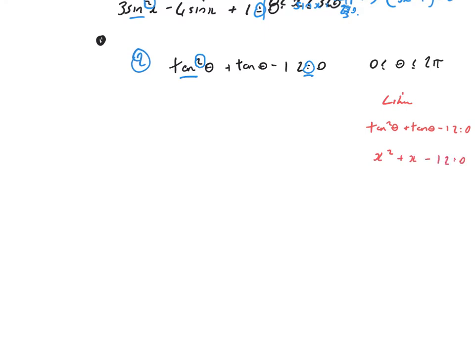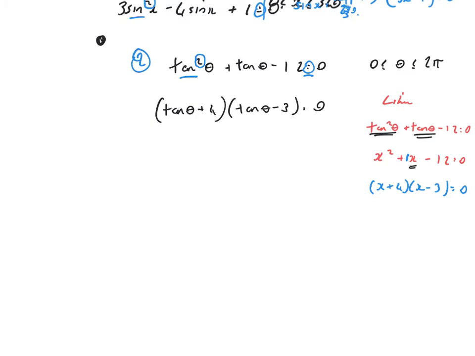And really what I've said there is that tan theta is x. So I'm looking for two numbers that multiply to give minus 12 and add to give plus 1. That's going to be x plus 4, bracket, x minus 3. Let's bring the trig back in. That's going to be tan theta plus 4, bracket, tan theta minus 3 equals 0.